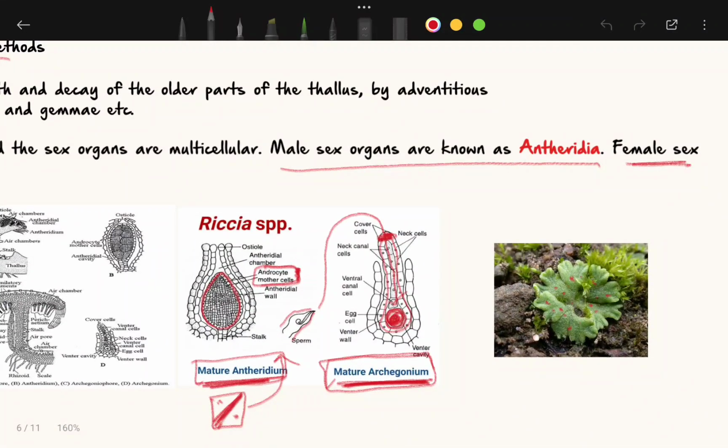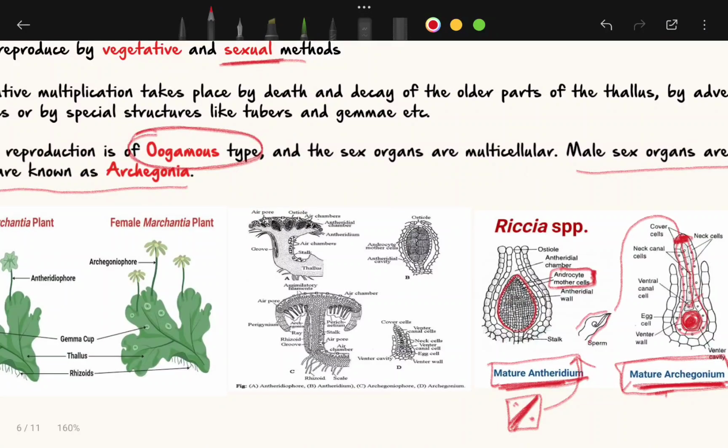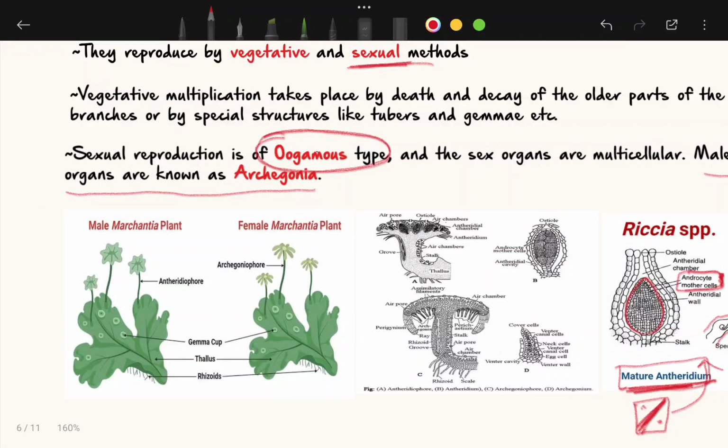So in some bryophytes, the male sex organ and the female sex organ are embedded in the plant body itself, and in some bryophytes like Marchantia, you'll have these special structures, and inside these special structures the male and female sex organs are present.